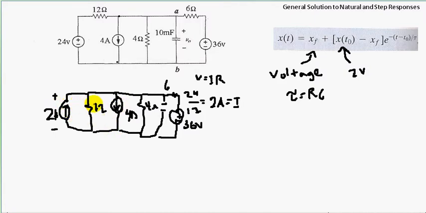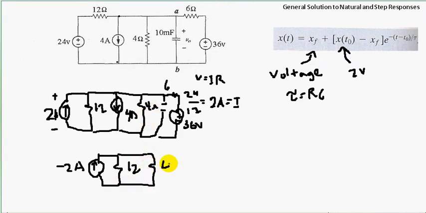If we add these two together, since this is going in the opposite direction, we would have a negative 2 amp current source going up with a 12 ohm resistor in parallel with a 4 ohm resistor, and that would be in parallel with our capacitor, and the 6 ohm resistor and our 36 volt source.